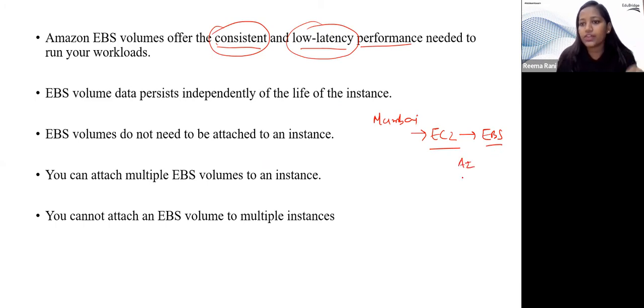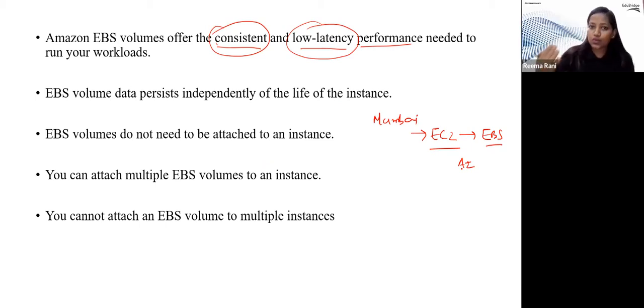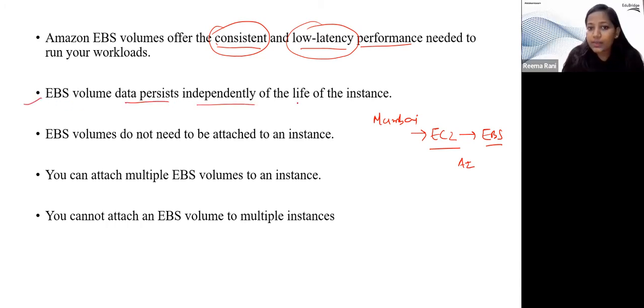Okay, what is the benefit of that? If both the things are present in the same location, okay, the communication will be faster. Yes or no? Yes, ma'am. Okay, and it will take less time to store and retrieve your data. Got it? Yes.